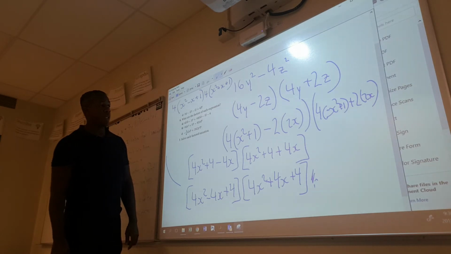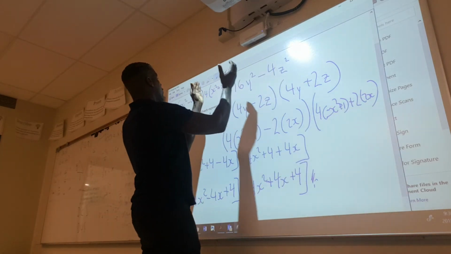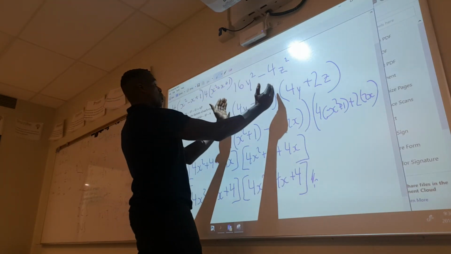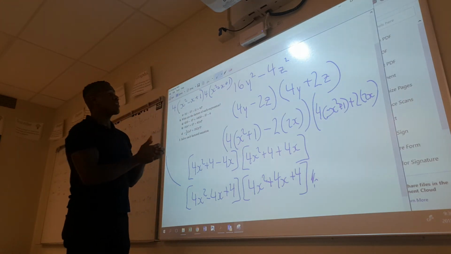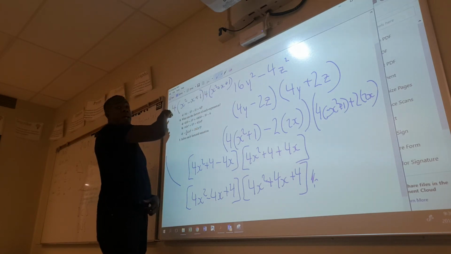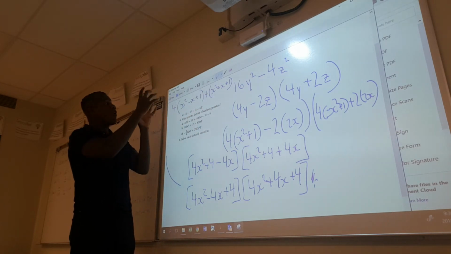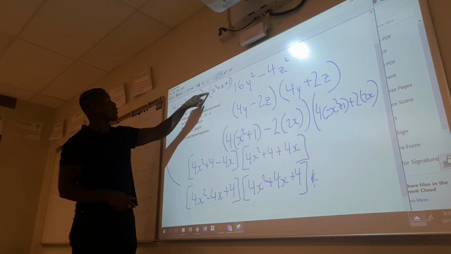These are my two brackets, right? This is the quantity from this bracket. This is the quantity from this bracket. And I've discovered that I can take a 4 out of each. They're all being multiplied by each other. This is 4 times this. This is 4 times that.